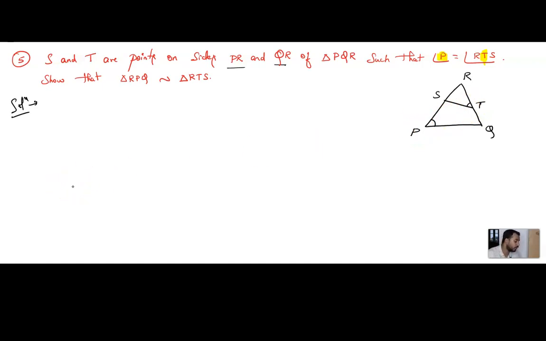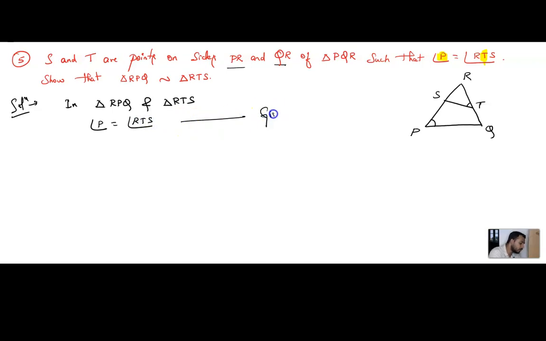Now we have to prove that triangle RPQ is similar to triangle RTS. Now in triangle RPQ and triangle RTS, what is already given, children? Already given is angle P is equal to angle RTS, correct?